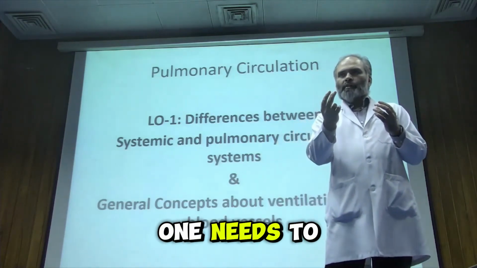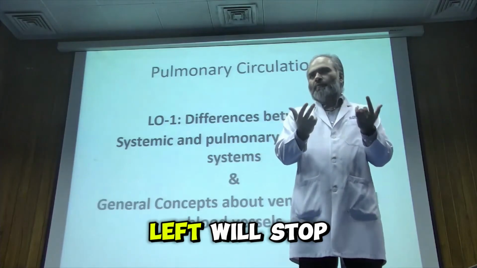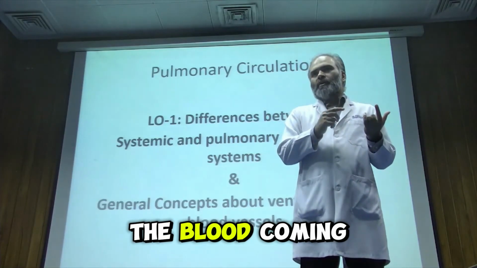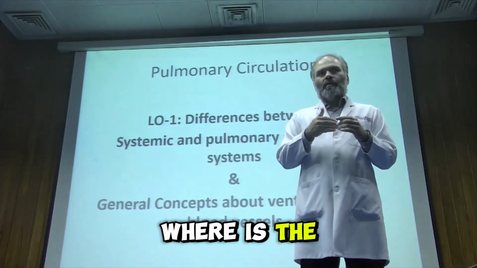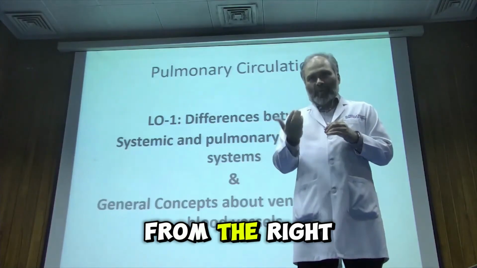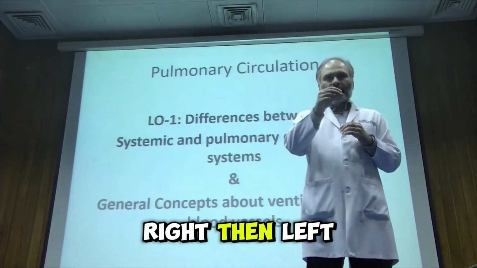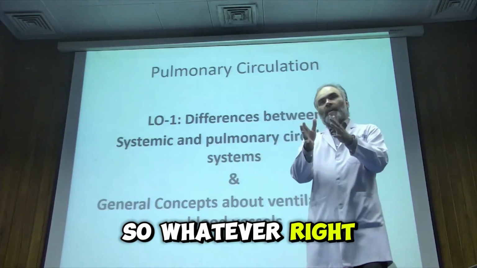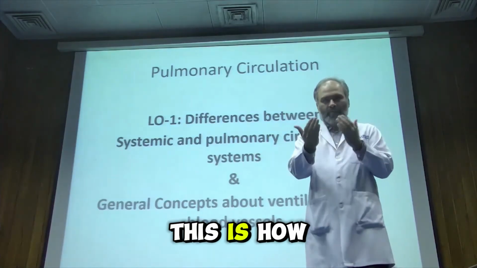The right one needs to work for the left one to work. If the right stops, eventually the left will stop, because where is the blood coming into the left from? From the lungs. Where is the blood in the lungs coming from? From the right. So it's right, then left, right, then left. Whatever the right does with the lung, the lung does with the left side of the heart. This is how they're connected.